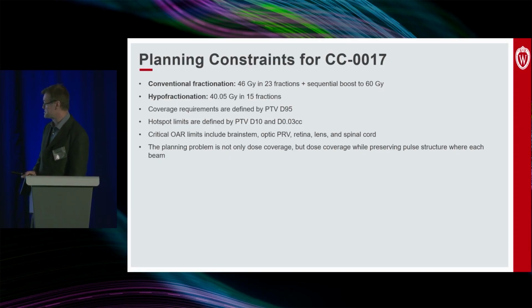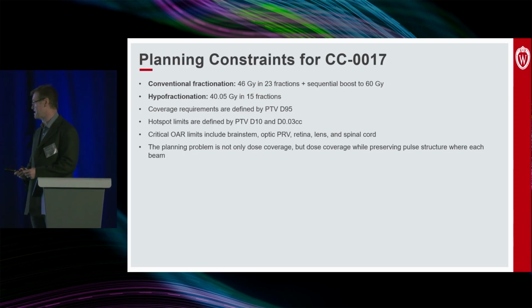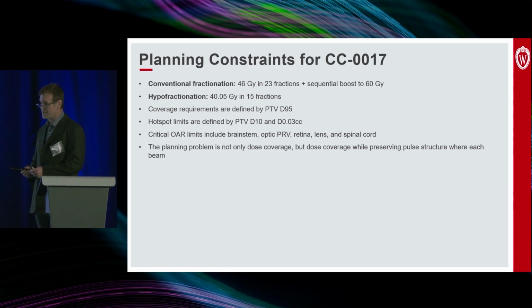Their coverage requirements are pretty stringent on obviously the D90, the D95 is pretty normal, but the high dose, the D10% and the Dmax are pretty strict in the trial, and there are limits obviously on all the critical organs and the planning risk volumes.